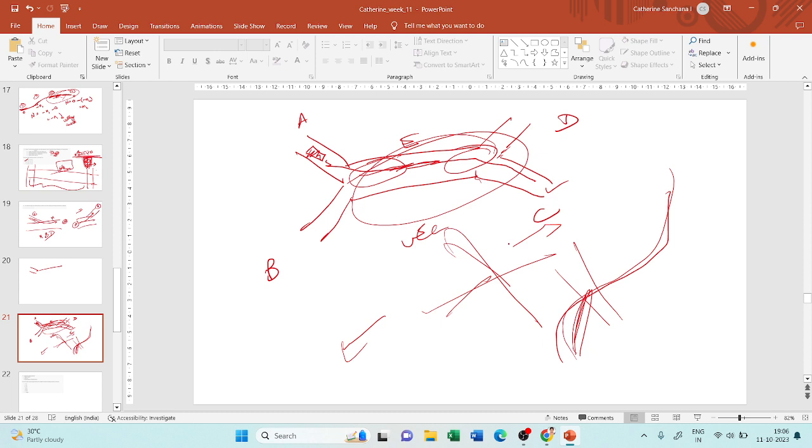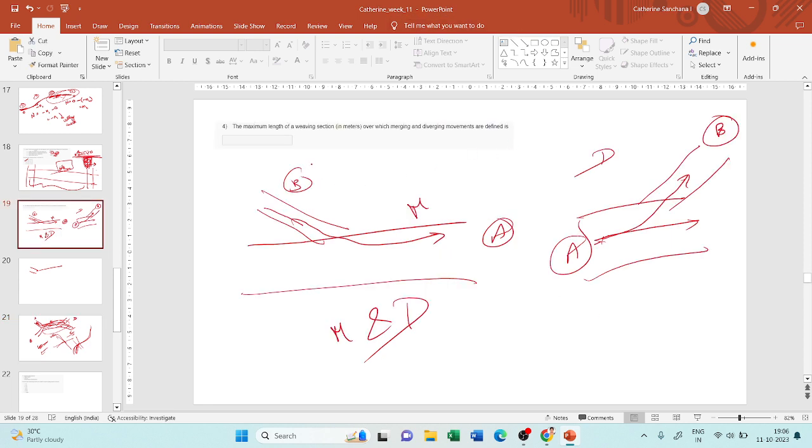It will come under separate merging action and separate diverging action, right? So the maximum length of the weaving section where both merging and diverging are considered to occur together or sequentially should be 450 meters. So the answer to this is 450 meters.